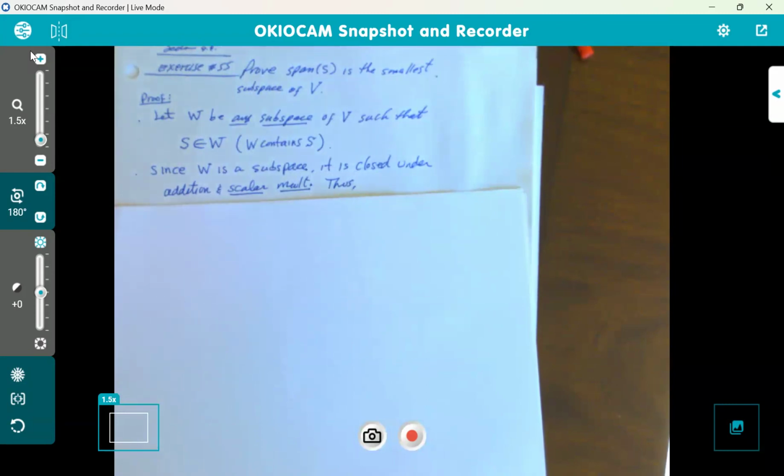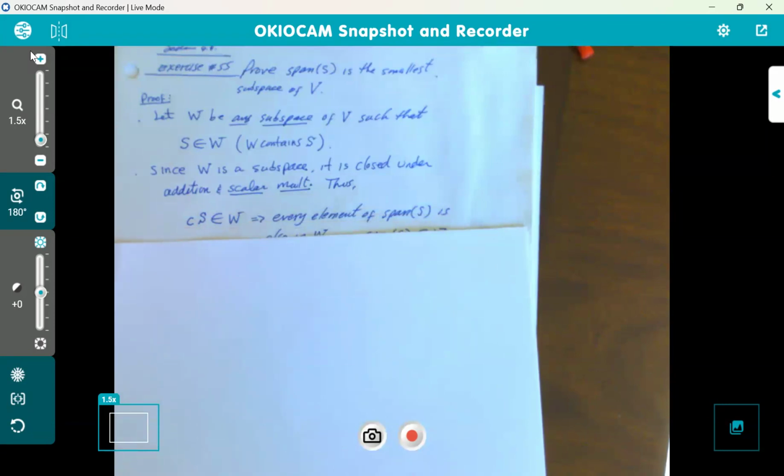Remember, there were 10 of them we talked about: 5 had to do with addition, 5 with scalar multiplication. It inherits 8 of those 10. And in addition, because it is a subspace of V, it has closure under addition and scalar multiplication.